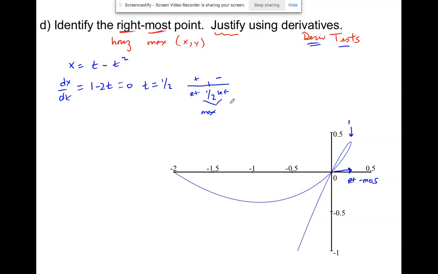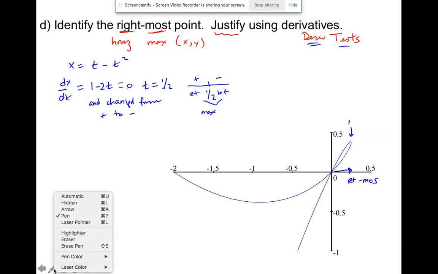Remember, on AP, a number chart is work. It is not justification. Justification is that dx/dt was equal to 0 at 1/2 and changed from positive to negative.